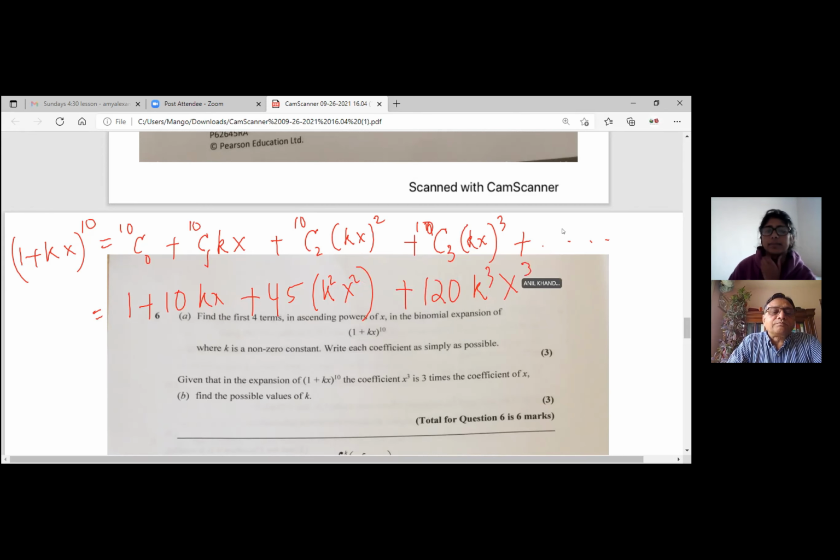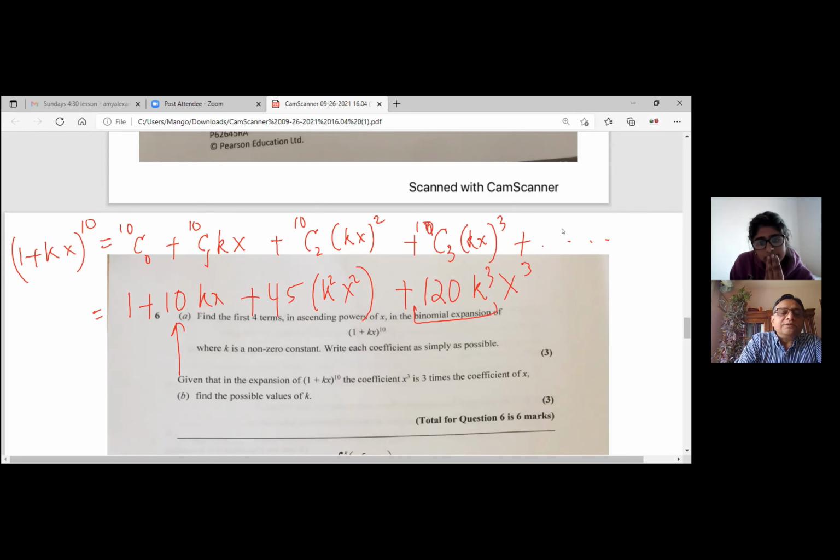Now, given that in the expansion of 1 plus kx to the power of 10, the coefficient of x cubed is 3 times the coefficient of x.